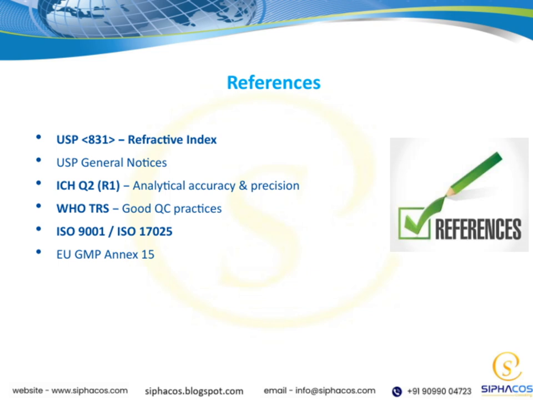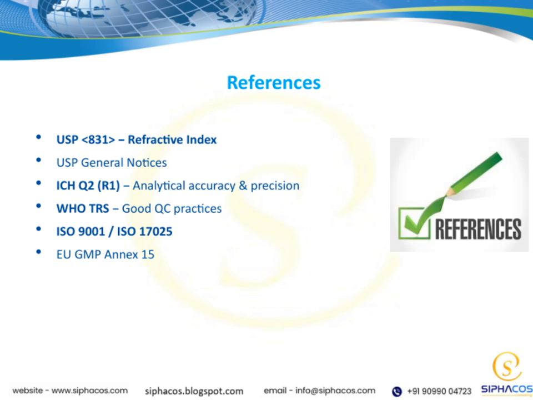and reproducible. We also rely on WHO TRS guidelines that promote good QC practices, emphasizing the importance of quality control in our processes. Additionally, ISO 9001 and ISO 17025 standards provide a broader framework for quality management systems and laboratory competence.